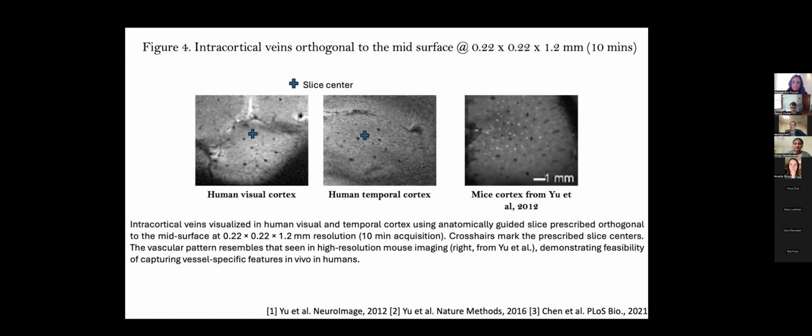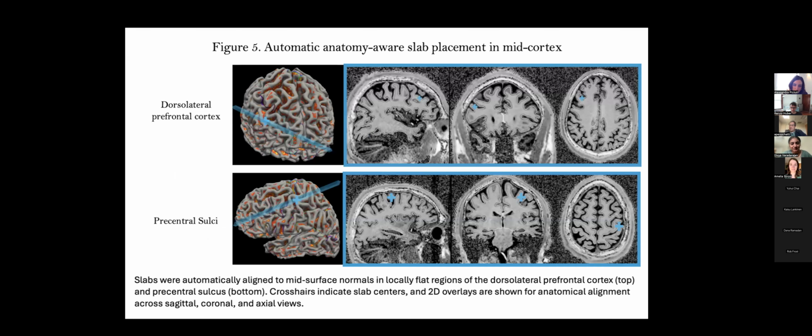More simply said, we are also able to, for applications that are very specific on putting your slab or slice in a given ROI, for example prefrontal cortex, we actually could see the boundaries of our parcellations on these surfaces, and we could decide on a place where we could put the slice and slab, which, as you can see, is also pretty flat.